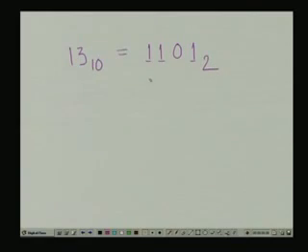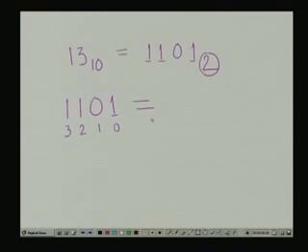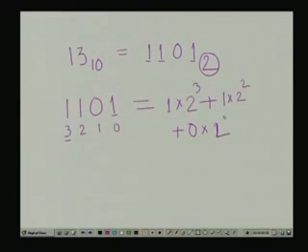If I want to check what that 1, 1, 0, 1 is in decimal, see, this is my 0th position, this is my first position, 2 and 3, this is in base 2. So, what will be the thing? This 1 into 2 to the power 3, because the place value is 3, then the coefficient 1 into 2 to the power 2, then plus 0 into 2 to the power 1, plus 1 into 2 to the power 0.